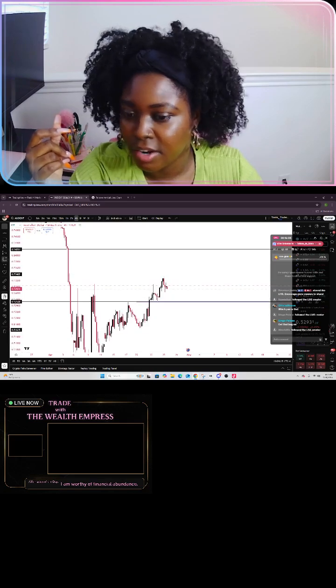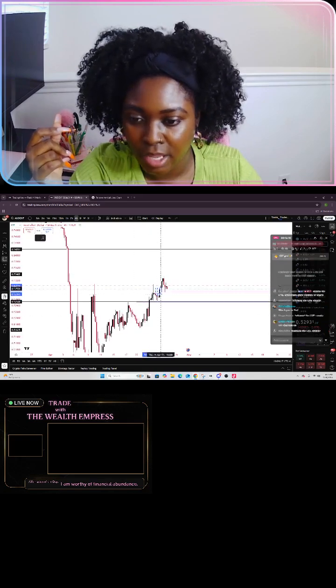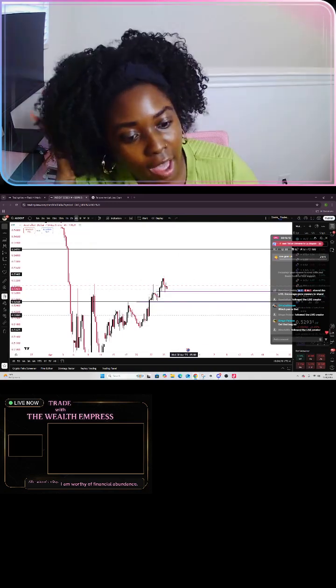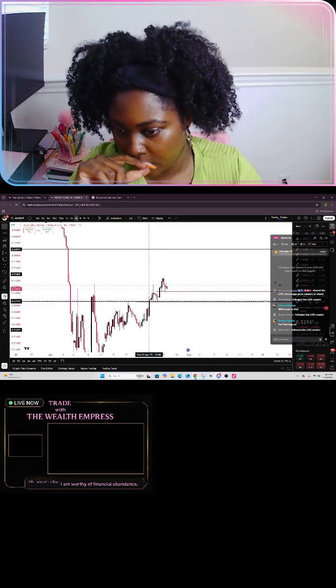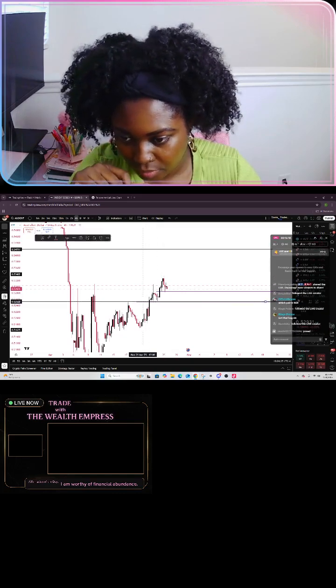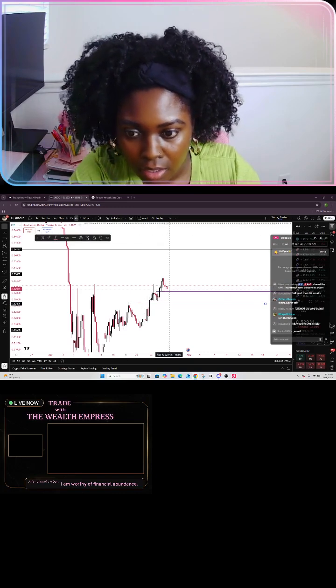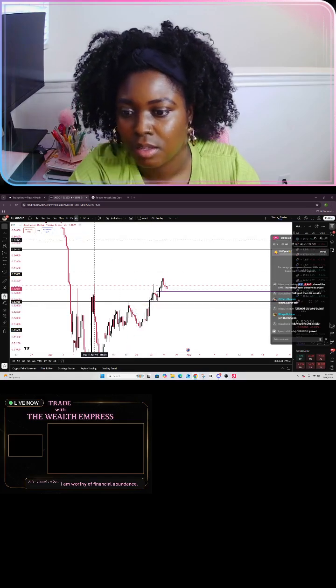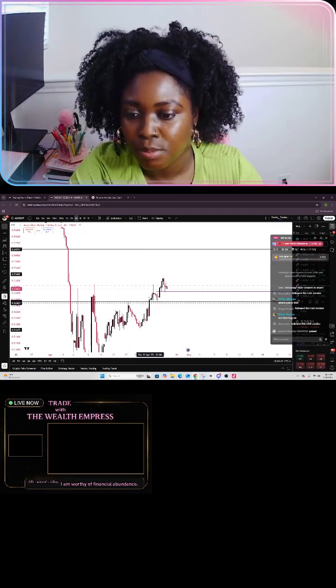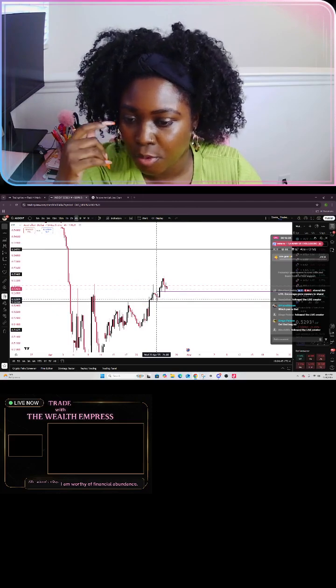Okay, and here in the 4 hour, it looks like as soon as the market opens, we should have an entry for a buy. Price broke this area. Let me get rid of that. All right. Price broke this area. It gave us a little mini pullback.